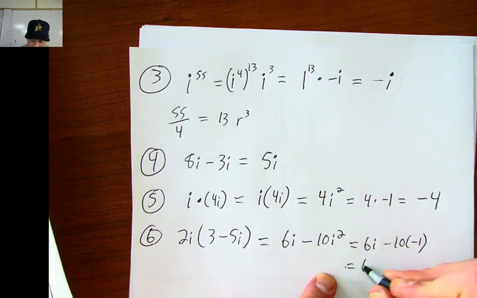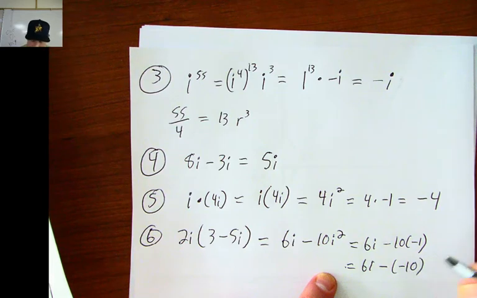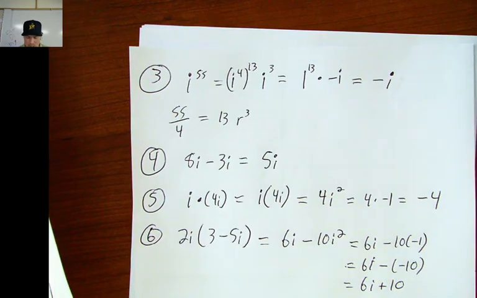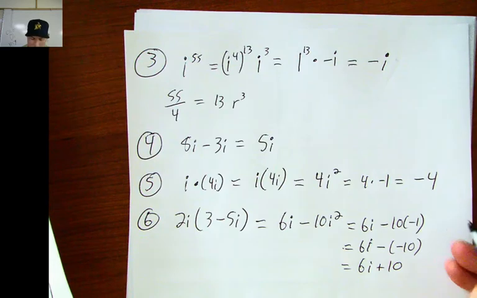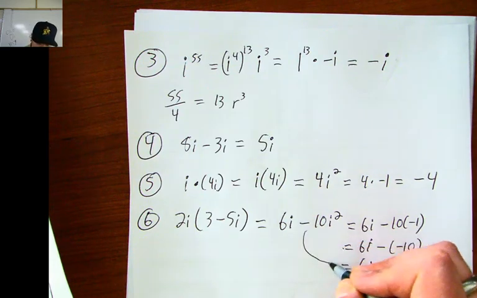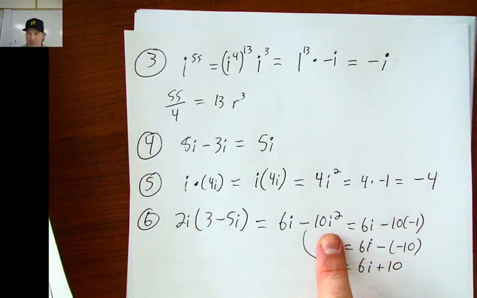This becomes 6i minus negative 10, which becomes 6i plus 10. It should be noted that in my work, I would normally just go straight from here to here. 10i squared becomes negative 10, so this becomes 6i plus 10.